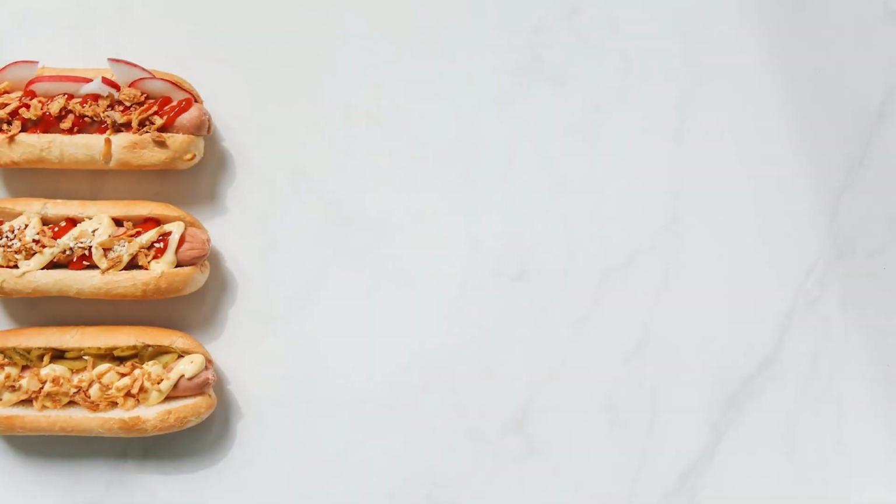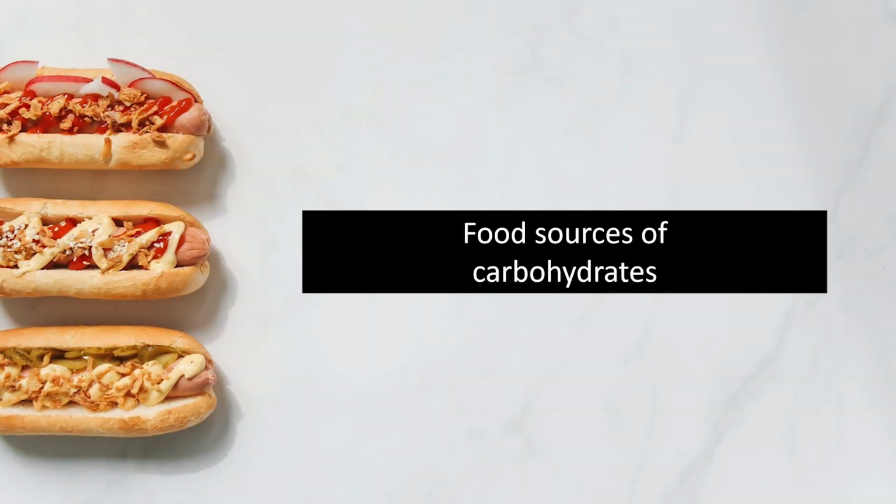Therefore, it is important to understand that the carbohydrates and fats are essential for performing the energy functions of the body. What are the food sources of carbohydrates and fats in our diet so as to meet these energy needs?